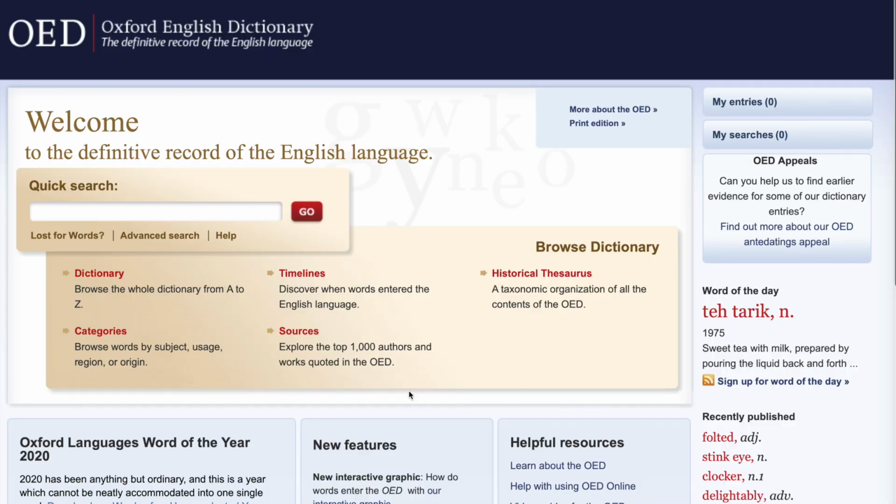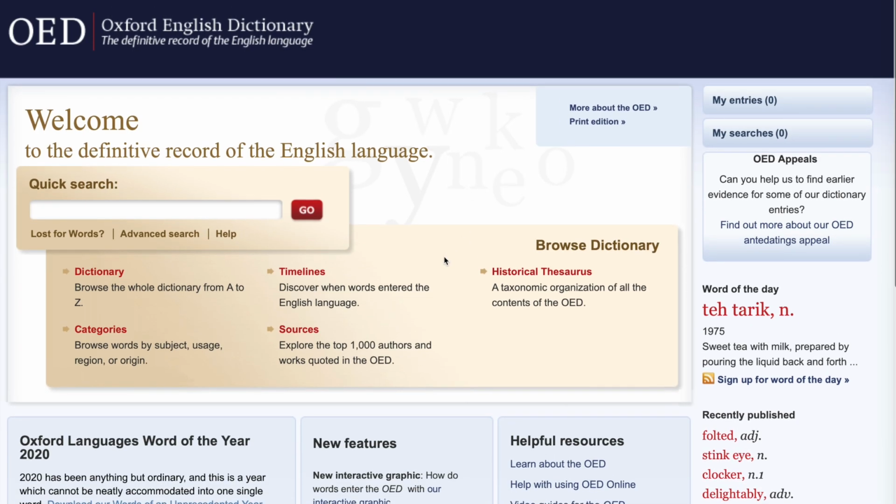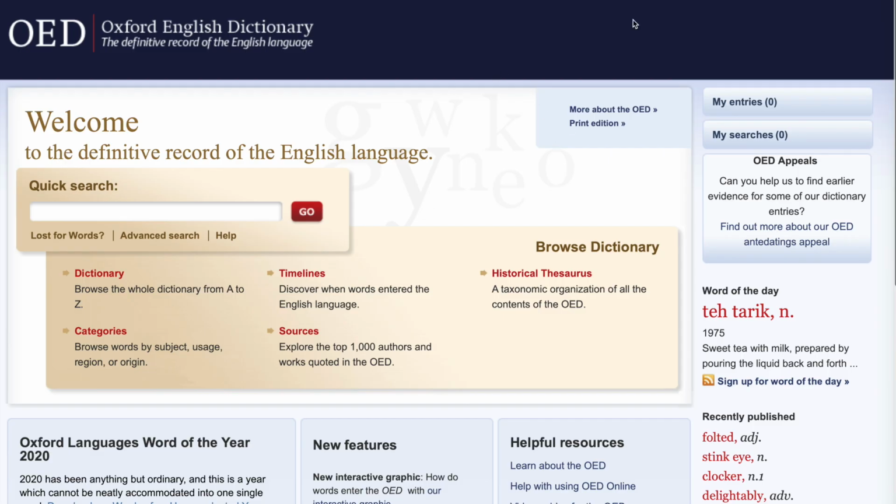Okay, this is the home page of the Oxford English Dictionary. And you'll notice here that it says Access University of Colorado at Boulder. The university pays a couple of $100 a month to subscribe to the Oxford English Dictionary. And so you need to have access either to campus or through campus.